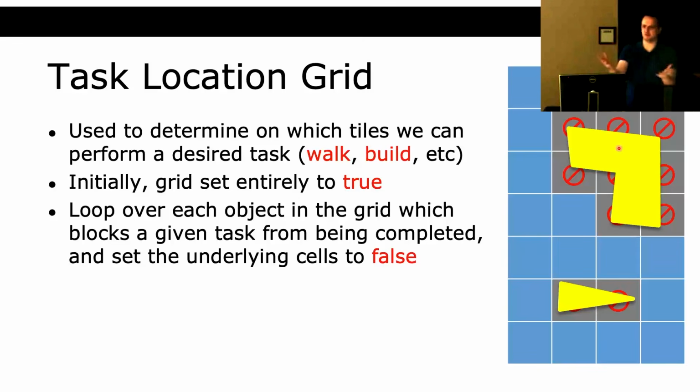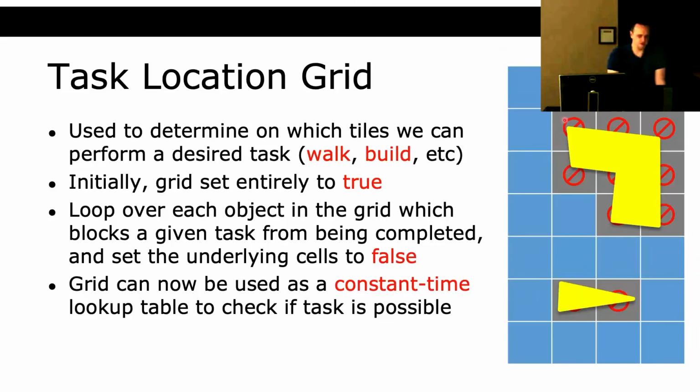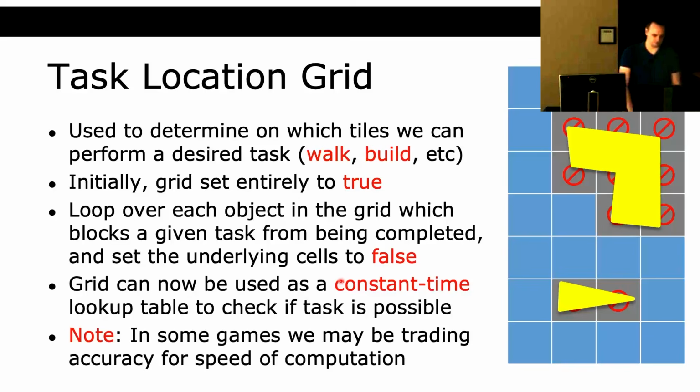There's some complex linear algebra going on there. By creating this grid map, we now have a constant time check because we can just look up in this grid, hey, is this grid cell blocked or not, right? So that's really good. We've taken this problem, which is a little bit complex, and reduced it to just a constant time check of whether or not I can do that thing at this location.